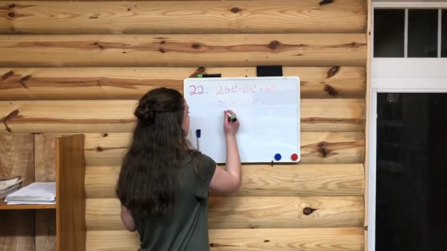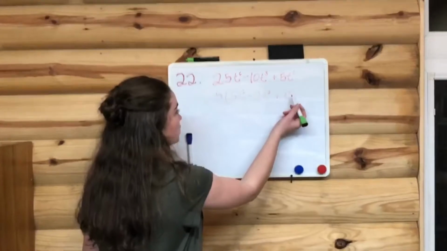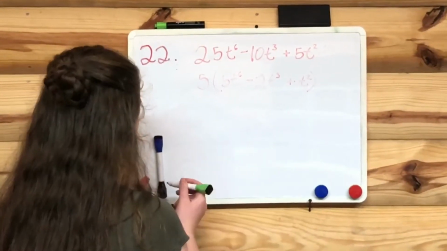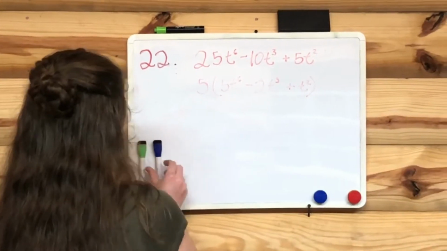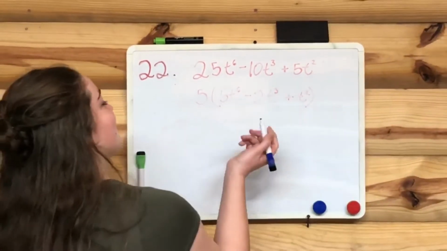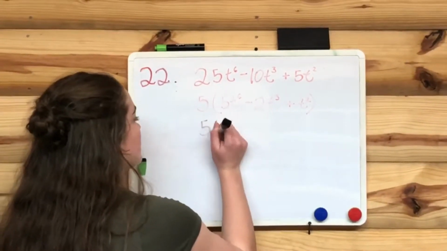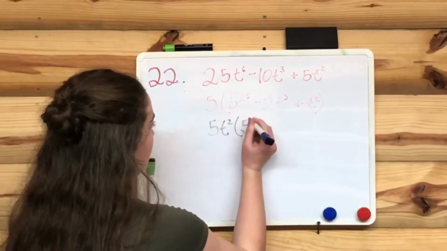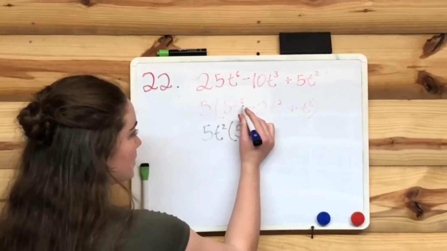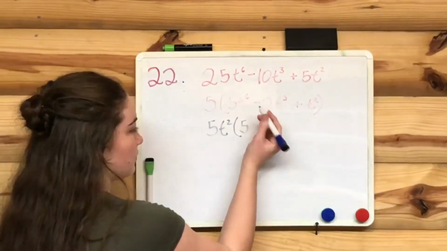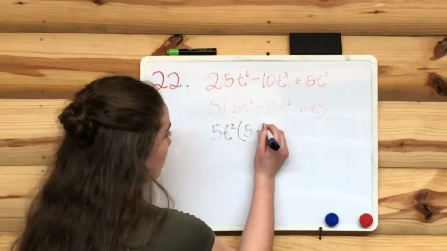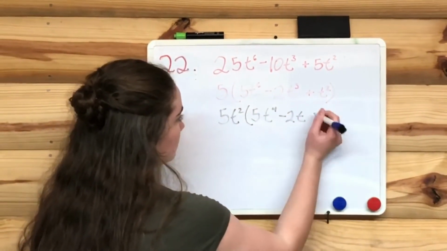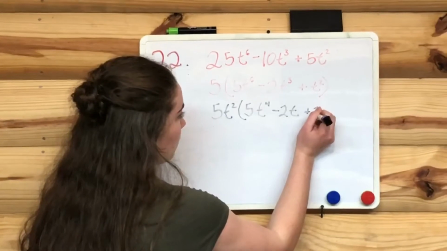To take out t squared, you just subtract t squared from each exponent. So it'll be 5t squared on the outside. Then subtract t squared from t to the 6th, so it's going to be t to the 4th minus 2t plus 1.